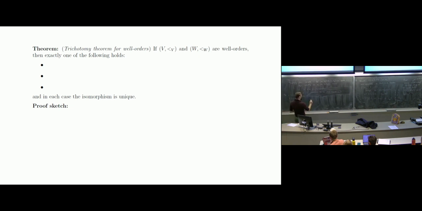What we do is we let F be the set of pairs, so I just pick the set of input-output pairs such that the corresponding initial segments are isomorphic. That's ISO for isomorphism.